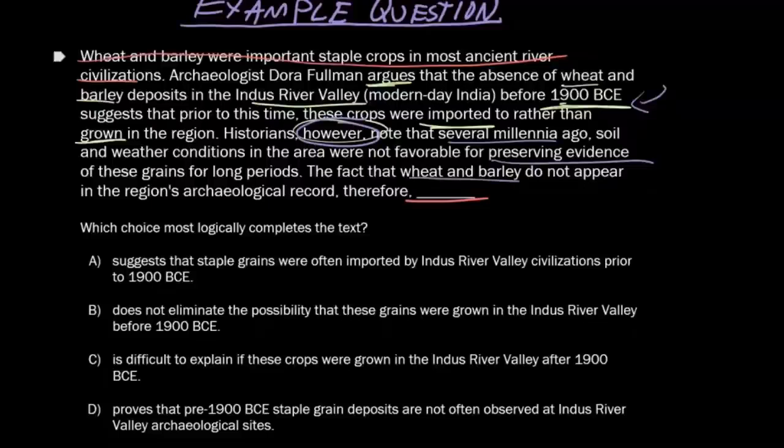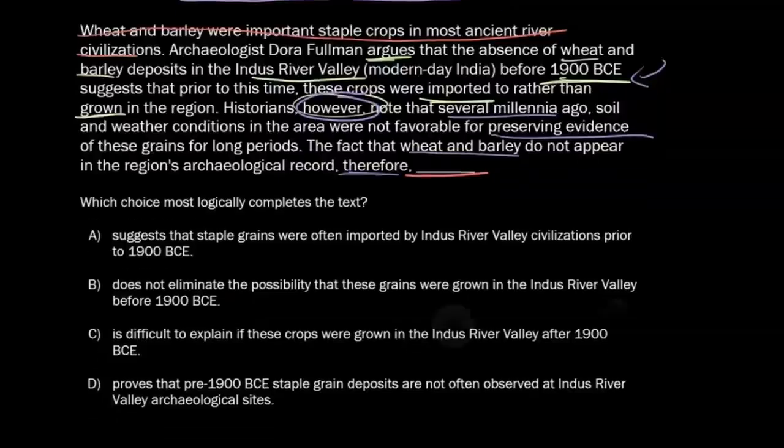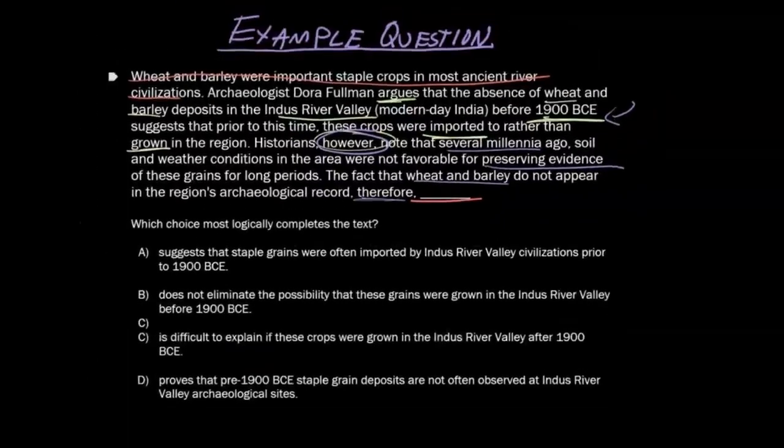The fact that wheat and barley do not appear, therefore, okay, what? Well, the historians here are contrasting, and we see that because of the usage of the word however, right? Therefore, they're saying that her idea might not be true.